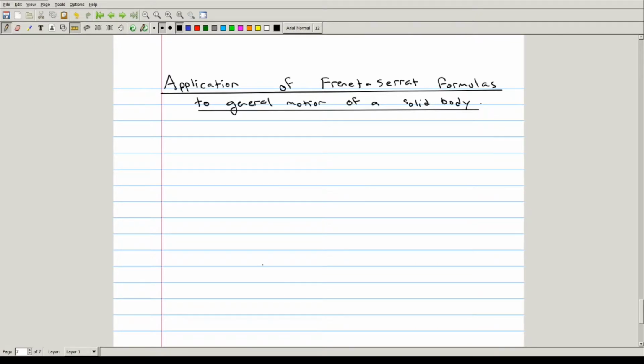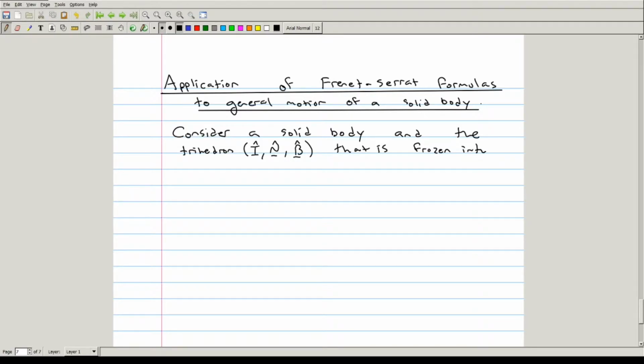We'll consider a solid body, and the trihedron, or the Frenet frame, that is frozen into the body at some point Q in the body.